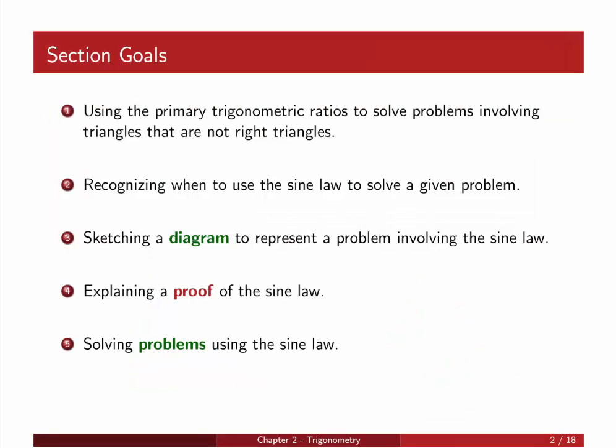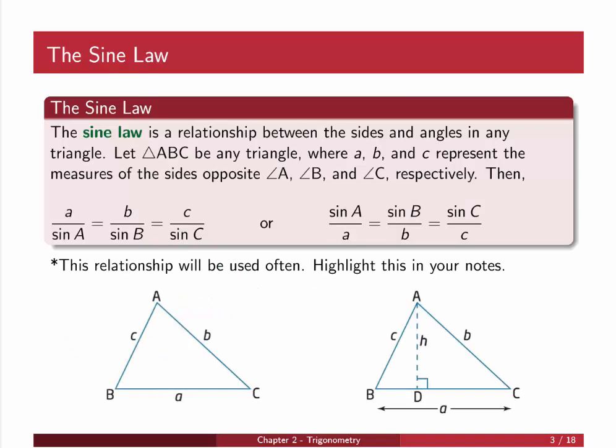Okay, the ambiguous case. When it comes to the proof of the sine law, I'm not going to go over it. It's in the notes, but I will show you the sine law, and that is it. So here's the sine law.